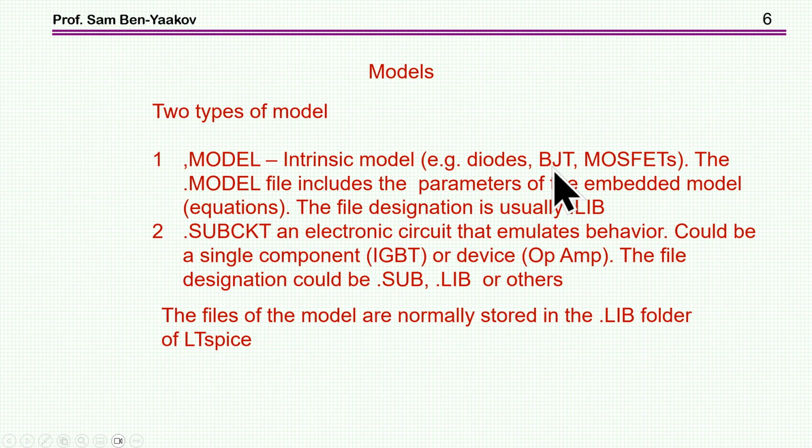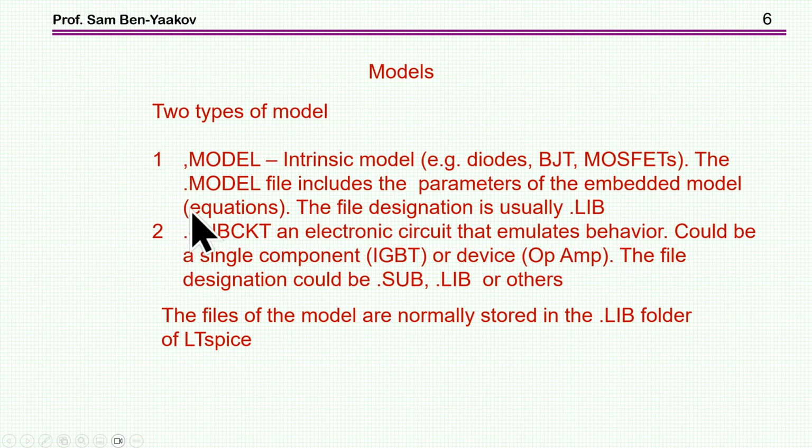There's no access for a user. The equations are in the program, and what the user can do is just feed in the parameters of these equations. So there is a .model file that includes all the parameters of this equation, and the designation of this file is usually .lib, although it could be a different designation.